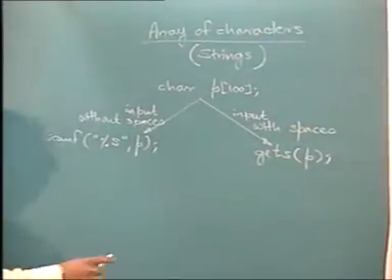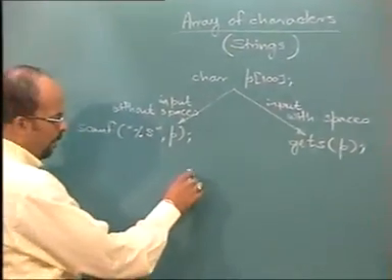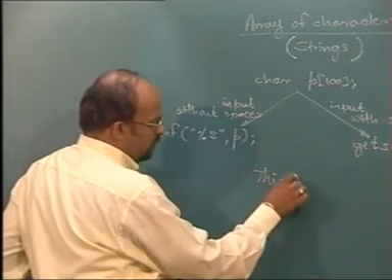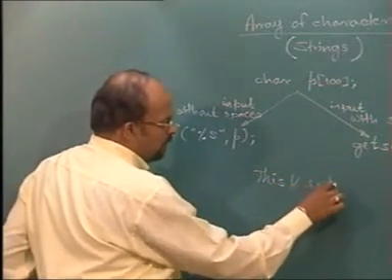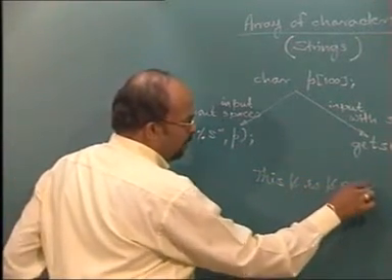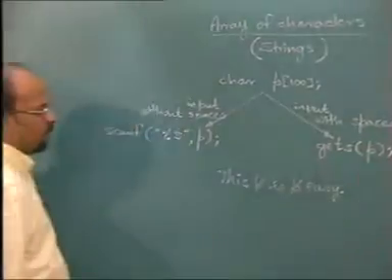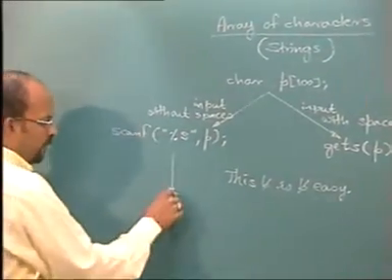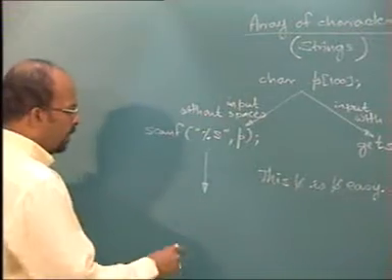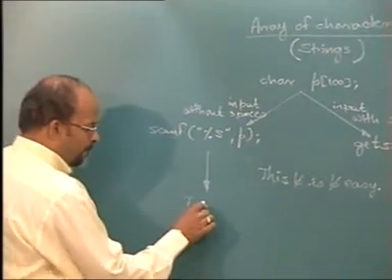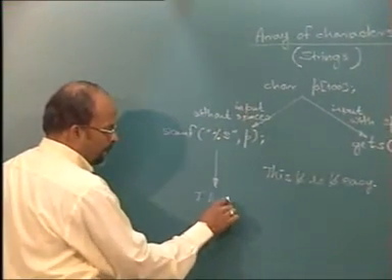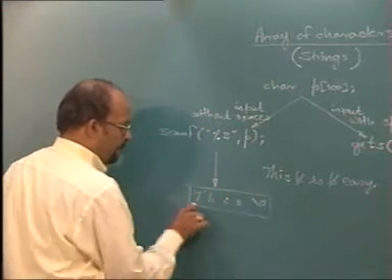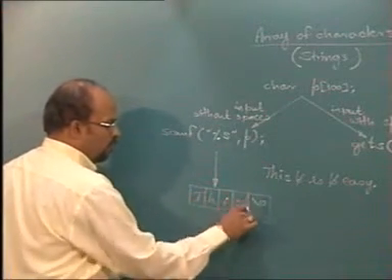If the input is, say, "this is easy", if this is the sample input, then through scanf the input will be stored as one, 2, 3, 4, 5.